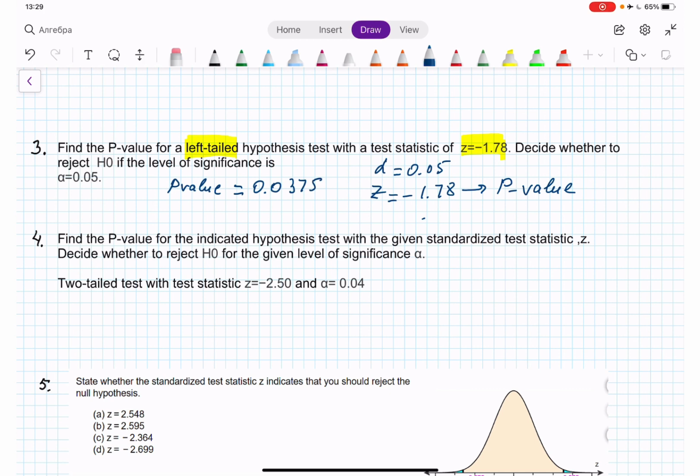Okay? And to draw a conclusion, we need to compare the p-value to alpha. Our p-value is less than our alpha. Hence, we reject the null hypothesis. Okay? Question number 4.